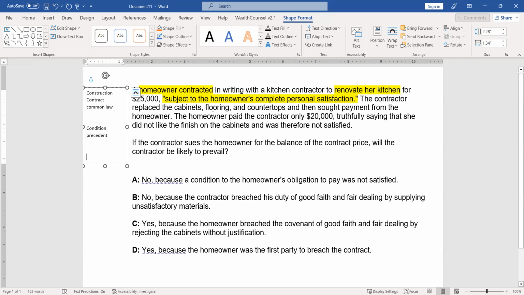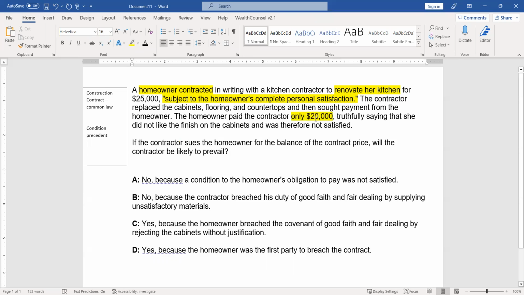The contractor replaced the cabinets, did what he was supposed to do, and sought payment from the homeowner. The homeowner paid the contractor nothing. Well, that's not good. She didn't perform her part. Make a note of that, because whenever they give you more adjectives than you normally would care to see, you would want to make a note of that.